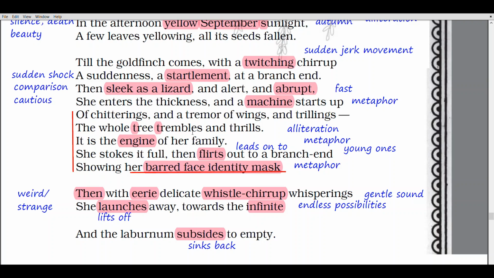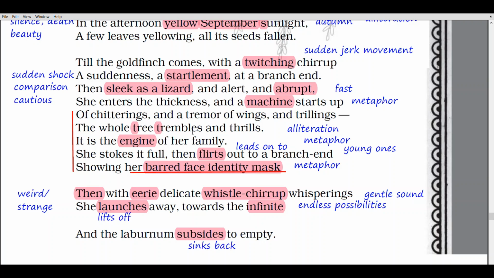So twitching here means sudden jerk movement. So please note down the vocabulary for this lesson. And a chirrup is, as you know, a bird sound. It's an onomatopoeia. It refers to the soundings of a bird. Then startlement means showing sudden shock, so, feeling or showing a sudden shock.